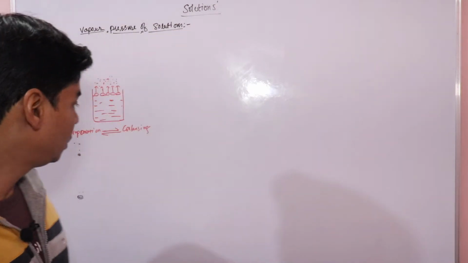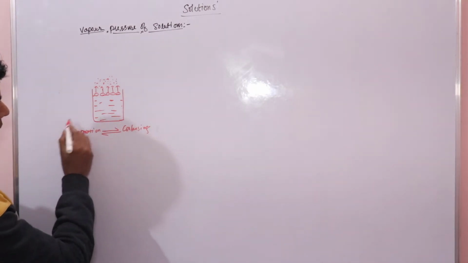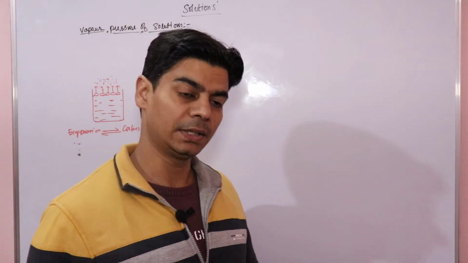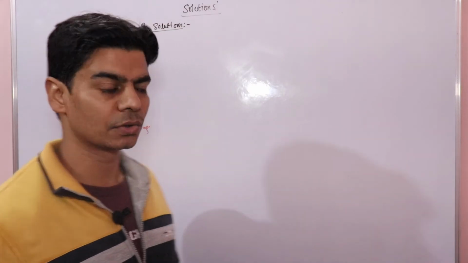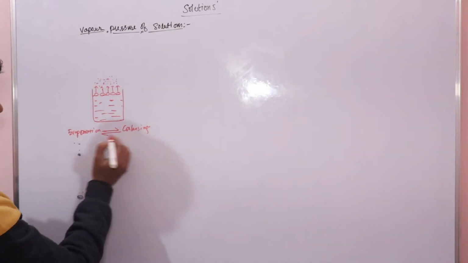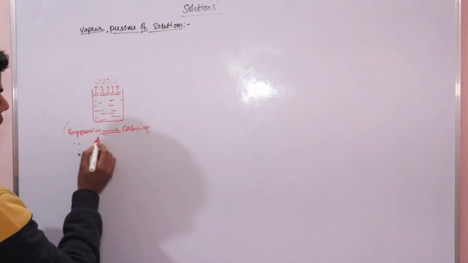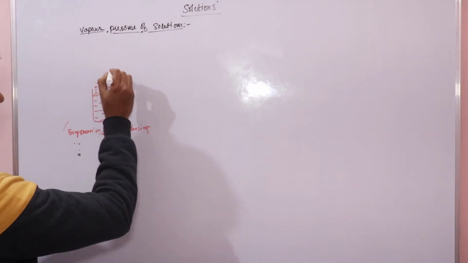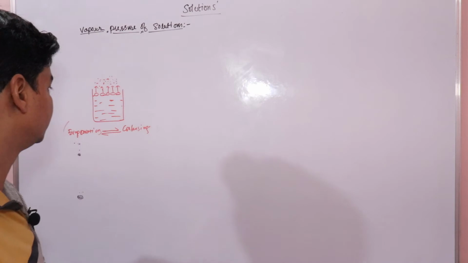At the point when the rate of evaporation is equal to the rate of condensation, or when this equilibrium has been attained, the vapor pressure above the liquid surface is the vapor pressure of the liquid.